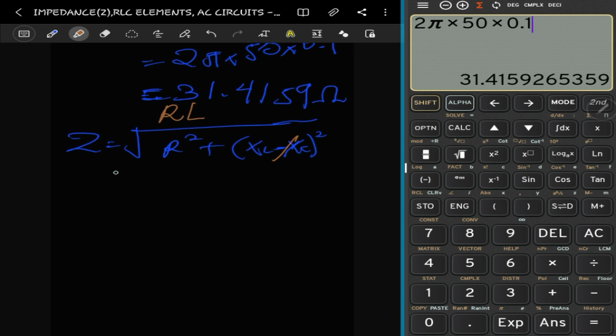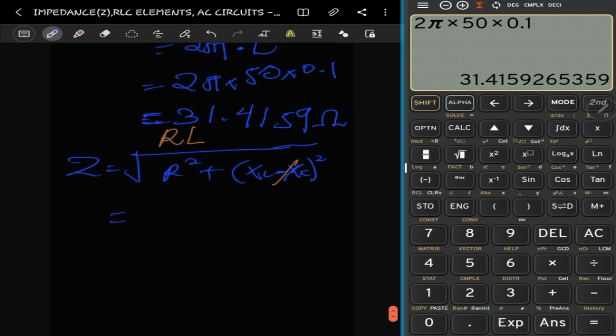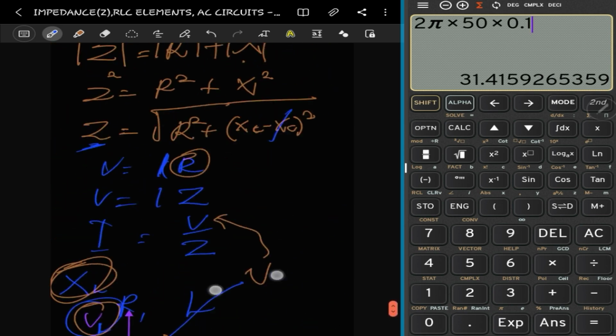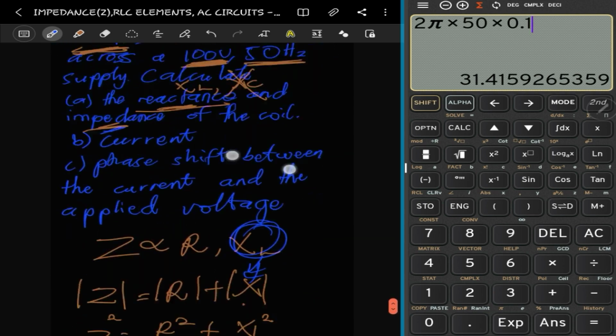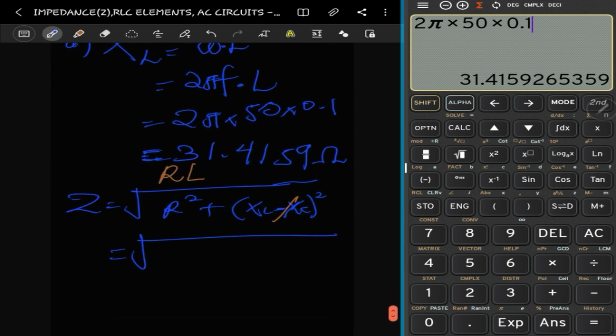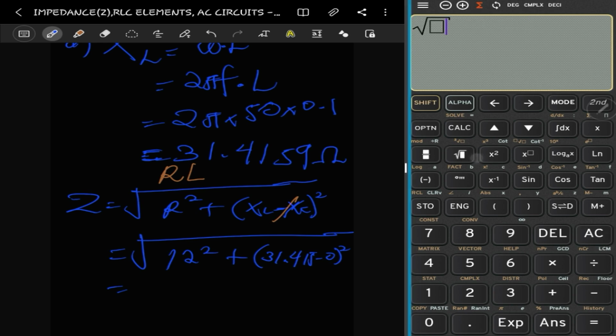Okay, so now let's see. Whenever you are asked to solve a problem, it becomes easier if you find the equation, identify the parameters that you need, and find them, right? So we know R, I think, was it 20? Let's see, 12. Okay, so 12 squared. So we can just write square root of 12 squared plus 31.4159 minus 0 squared.